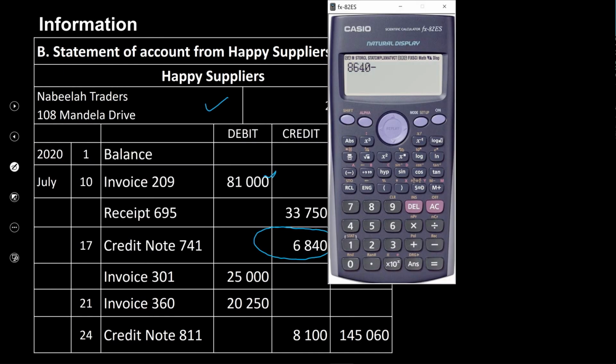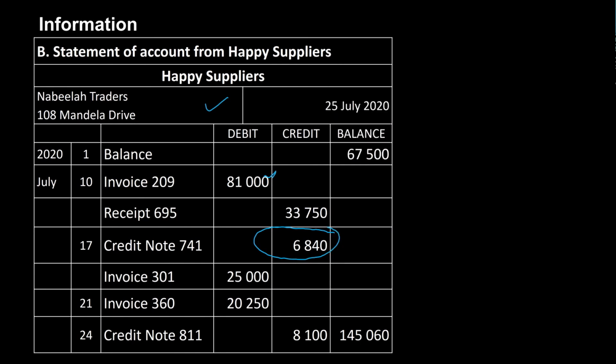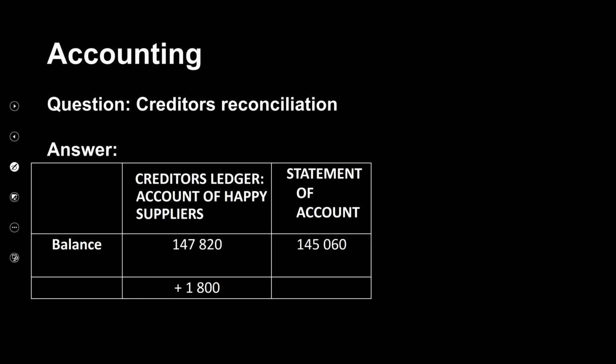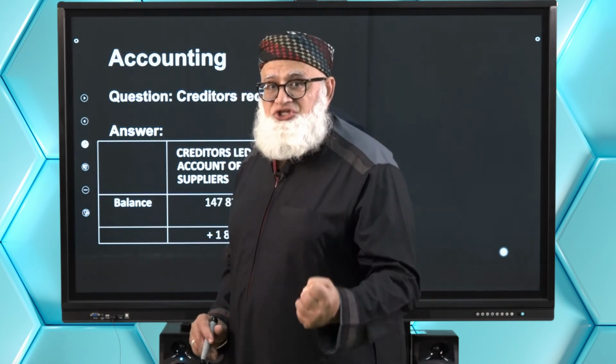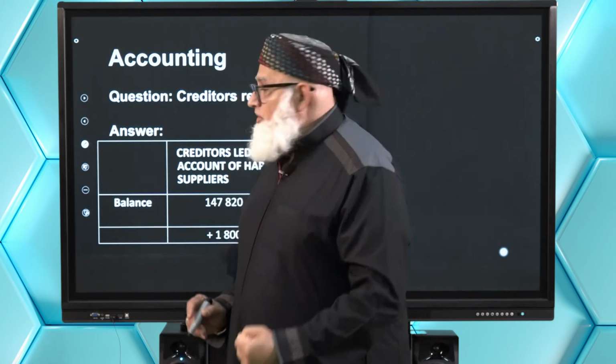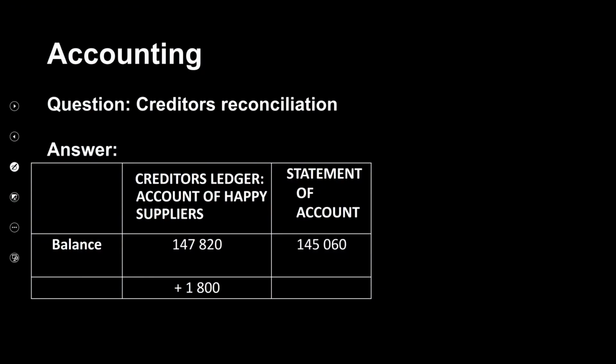So we go 8640 minus 6840, and your answer is a difference of 1,800. Okay, let's do this here, and let's see how we're going to correct it. So obviously, we had deducted 1,800 Rand too much, and therefore, we need to correct it. How are we going to correct it? By doing the following. Watch.